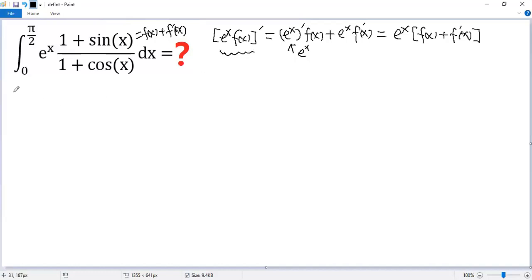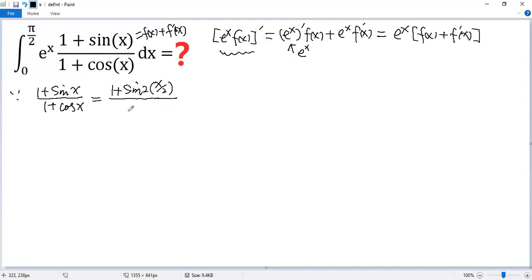Let's go. Because 1 plus sine x over 1 plus cosine x equals, we can write the top as 1 plus sine 2 times half x.